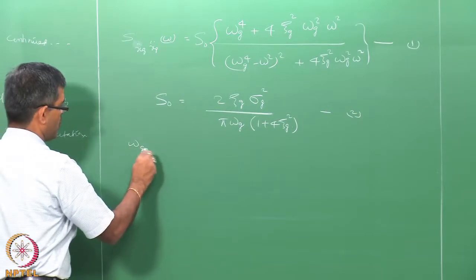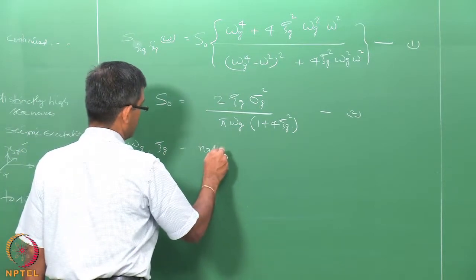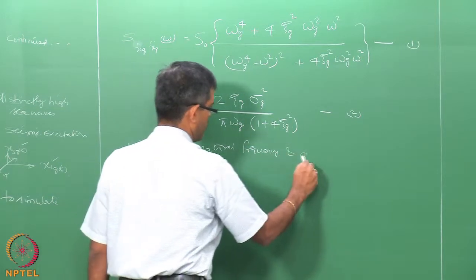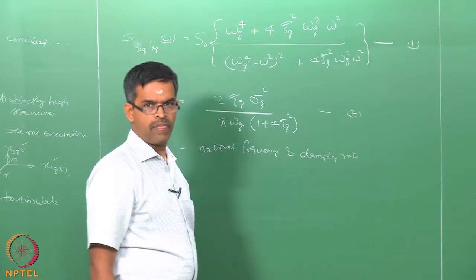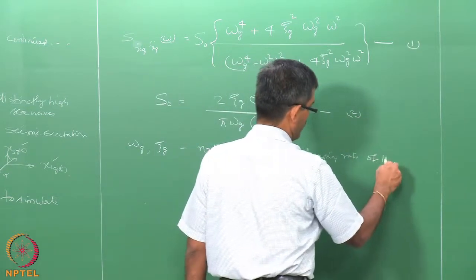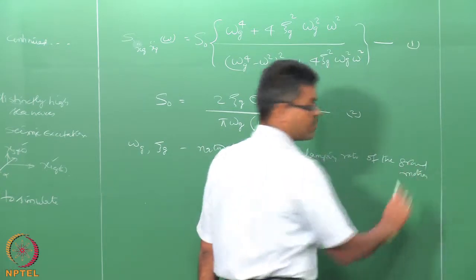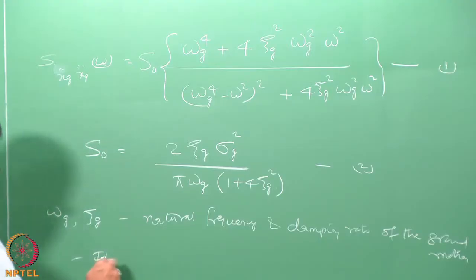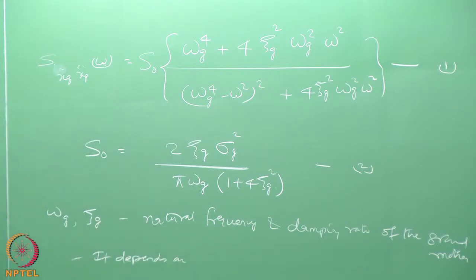In this case, omega g and zeta g are the natural frequency and damping ratio of the ground motion. To determine this, it depends on many factors. One is the local earth surface layer.